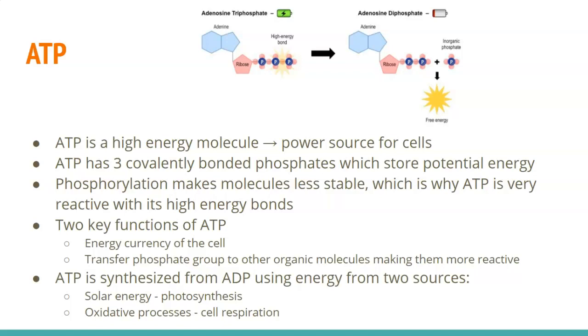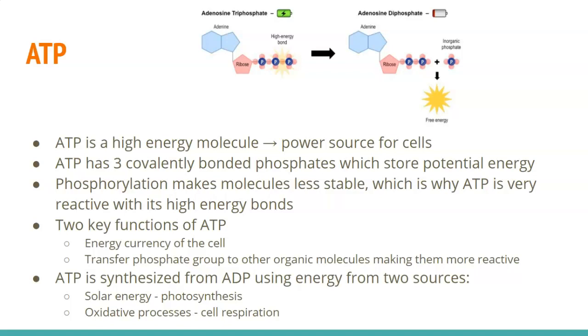So through this, you have 2 key functions of ATP. Energy currency, which is probably what you already know ATP as. But what we're going to focus on is the transfer of that phosphate group to other organic molecules. So this is the idea of taking that 3rd phosphate and moving it from ATP onto glucose.